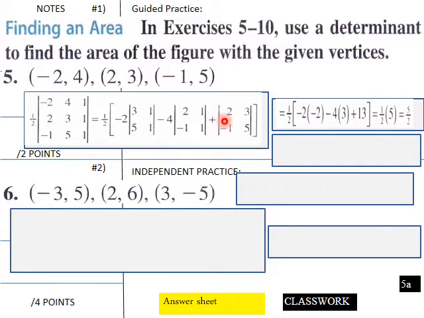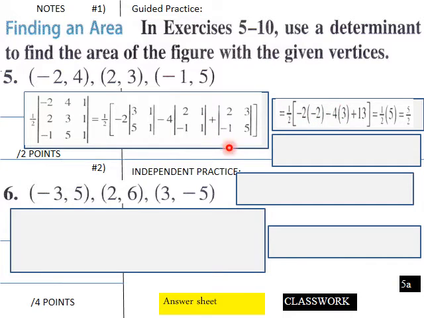1/2, we have 1/2 out front. Then we have -2 times a -2. So this would be 3 minus 5 would be -2. And then -4 times 3. So it would be a -4 times 2 minus a -1 would be 3.